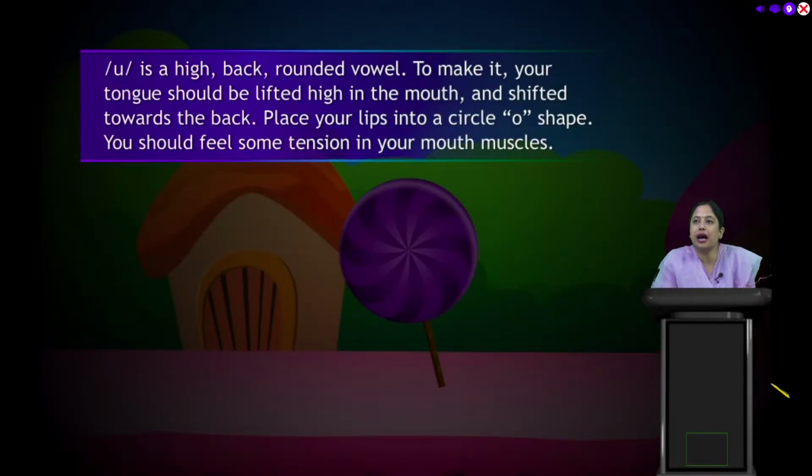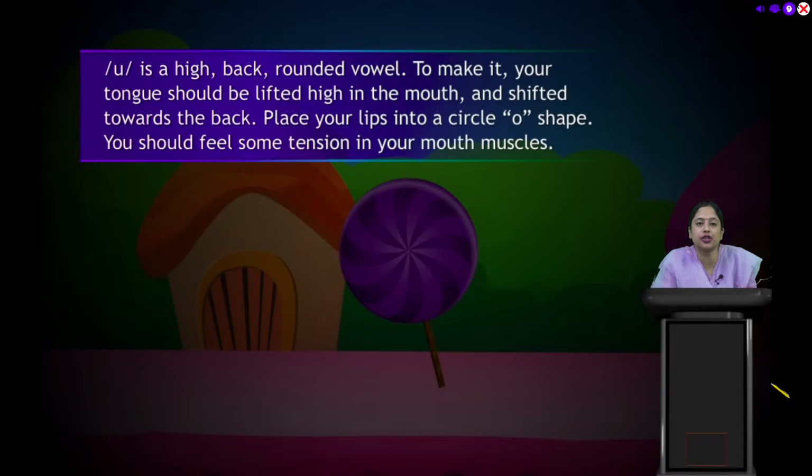So U is a high back rounded vowel. The vowel sound U is a high back rounded vowel. So it takes more time to produce the sound. It is a stressed syllable. It's a stressed sound. To make it, your tongue should be lifted high in the mouth and shifted towards the back.